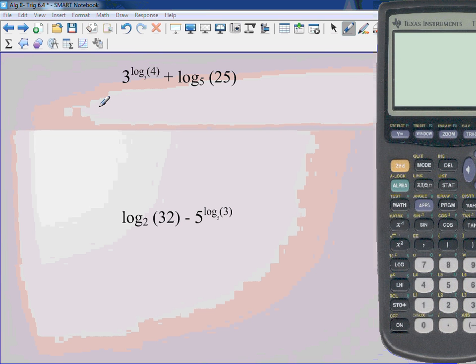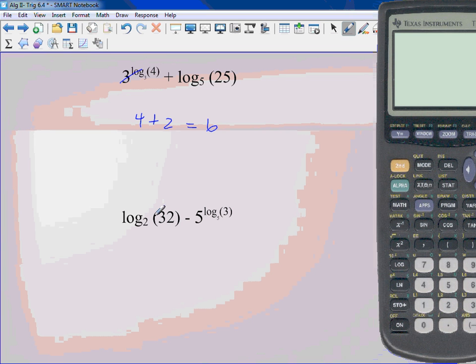What happens here? The log base 3 and the 3 cancel out. I'm left with 4. What's log base 5 of 25? 2. Why is it 2? 5 squared is 25. 4 plus 2 is 6.